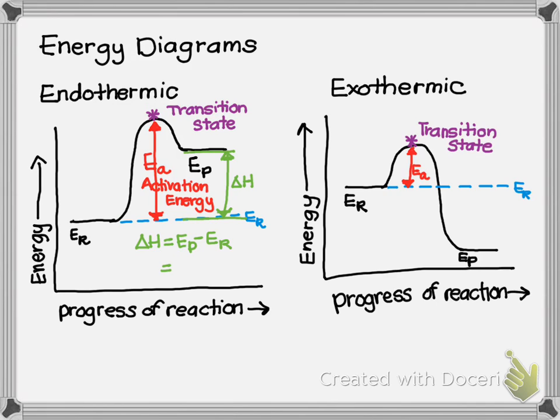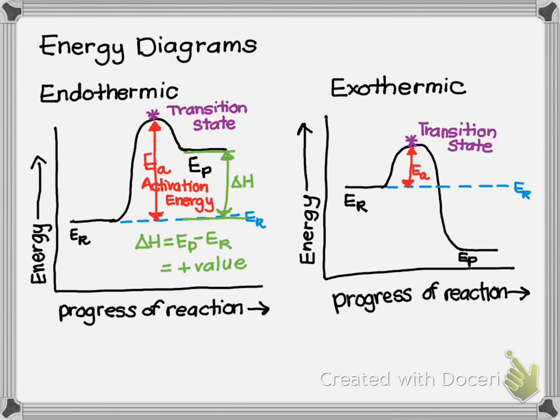So if we subtract a bigger number minus a smaller number, we'll have a positive value. So when we say that an endothermic reaction has a positive value, it's because the energy of the products is higher than the energy of the reactants. So when we subtract those two numbers, we get a higher value.